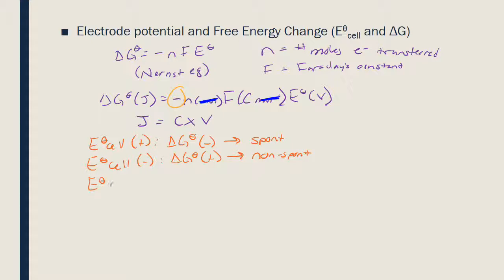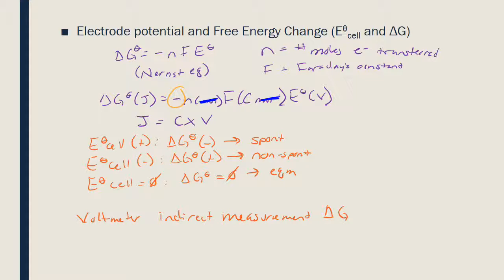If your E theta cell equals 0, your delta G is going to equal 0, because that means you have run your reaction to completion and it is at equilibrium. So therefore, your voltmeter is an indirect measurement for delta G, as well as the electrode potential.